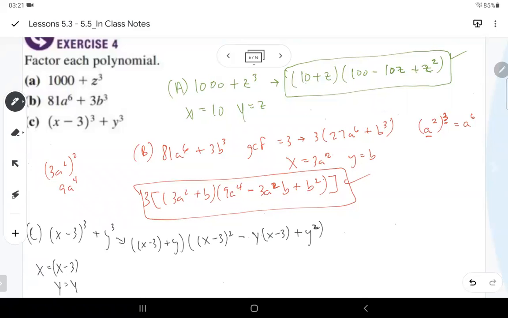We can't leave it in this gross mess, so what we have to do is FOIL this part, then distribute this part and combine. So here we'll have x minus 3 plus y. And then what I'm going to do is FOIL up here. So we'll have x minus 3, x minus 3. That comes from the x minus 3 squared. So there's 2 of them. We'll FOIL.